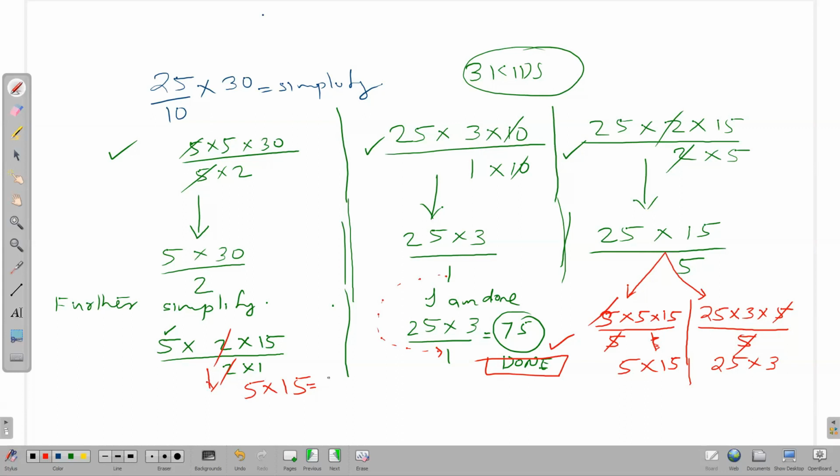Equals what? 12 times 5, 13 times 5, 14 times 5, 15 times 5. You can do either way. 5 times 15 is 75. Once again, 15 times 5.